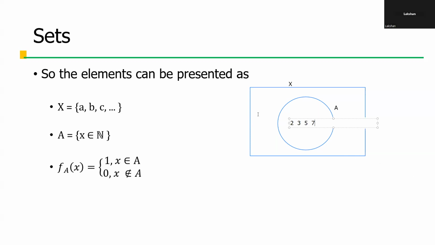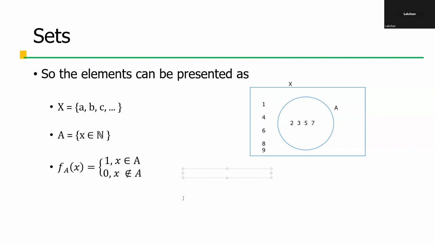So 1 is not there, 2 and 3 are there, 4 is not, 5 is, 6 is not, 8 and 9 are not. These are the numbers that we have in the universal set, 1 to 10.